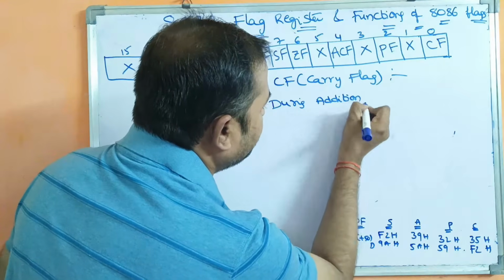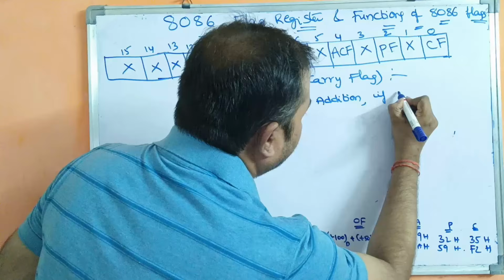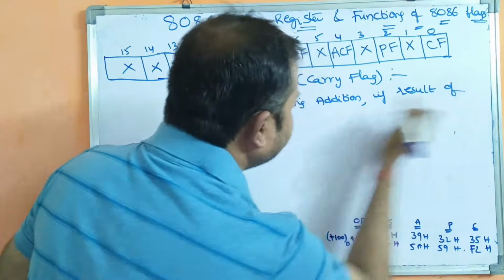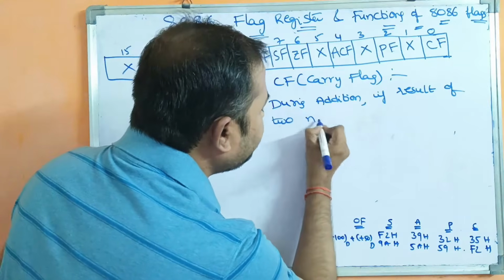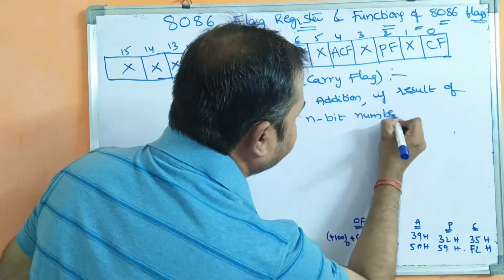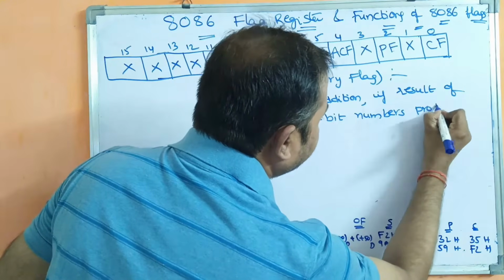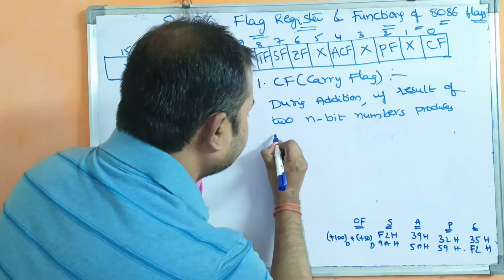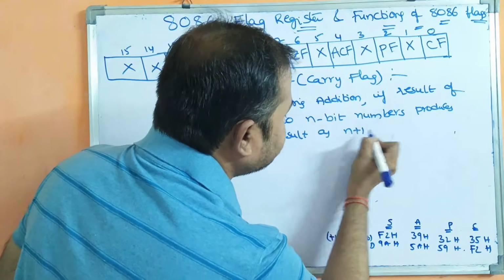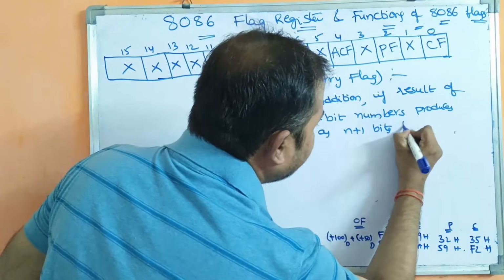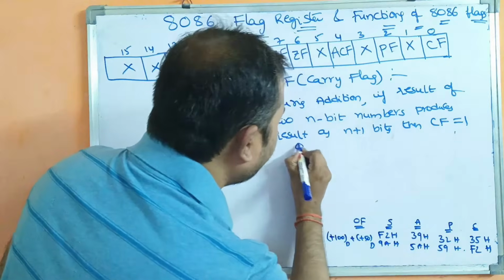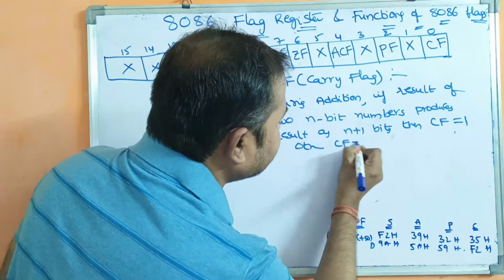During addition, if the result of two n-bit numbers produces a result of n plus 1 bits, then the carry flag is set. Otherwise, the carry flag is reset.